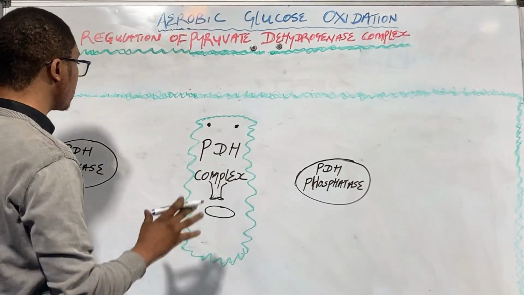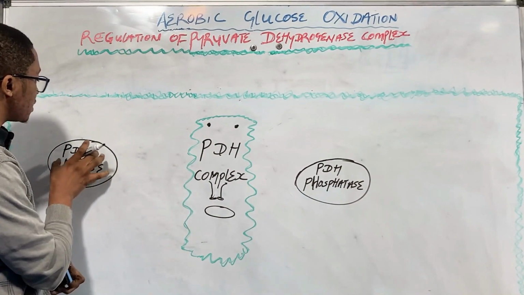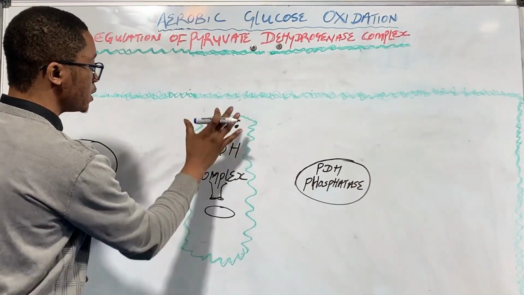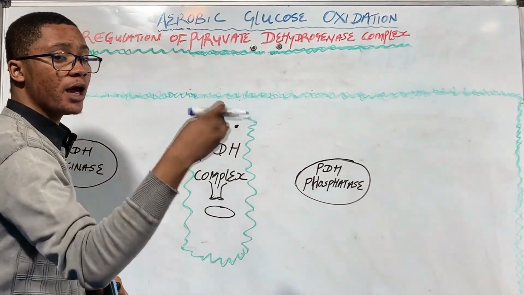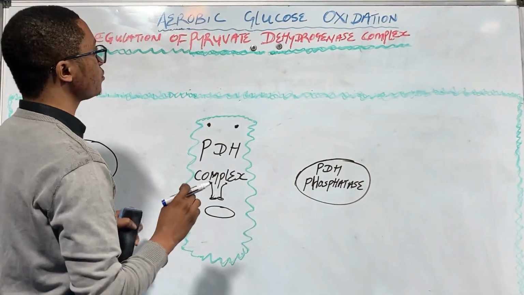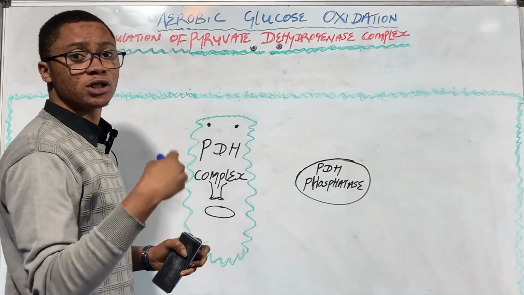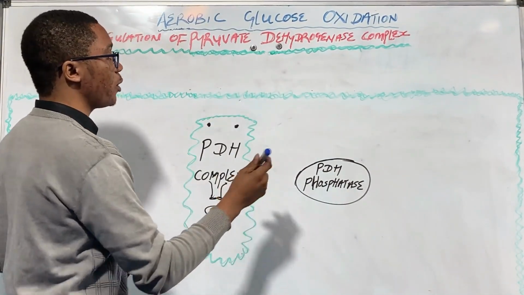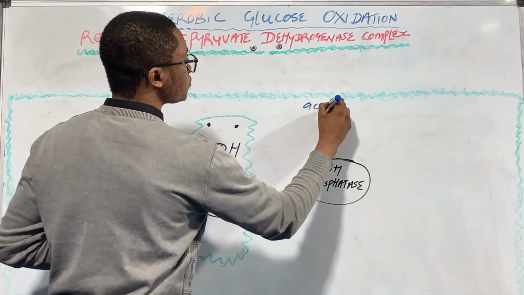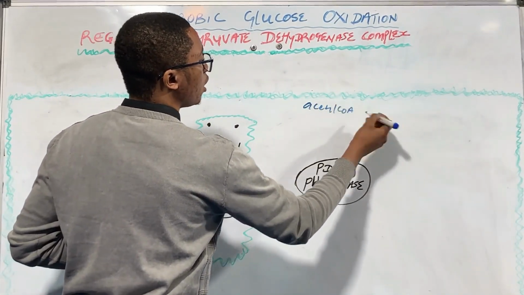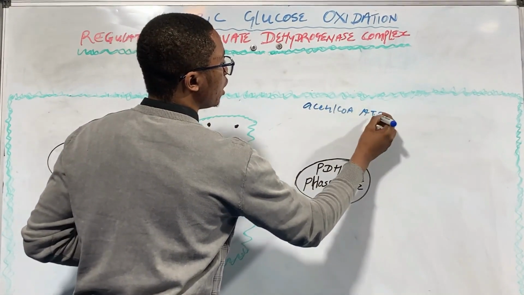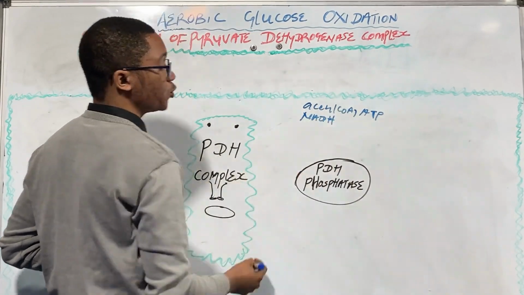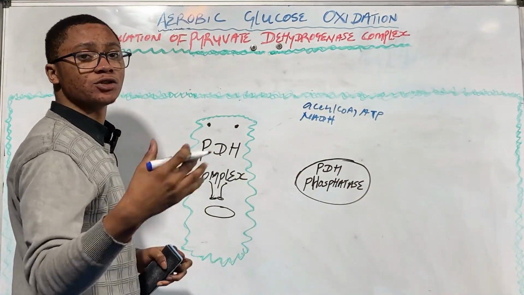So let's look at what stimulates this pyruvate dehydrogenase kinase to phosphorylate this complex. Remember, we said end product inhibition. From the last video, we talked about the end products of this process: acetyl-CoA, ATP, and we also listed NADH, which was given off and went through the electron transport chain.